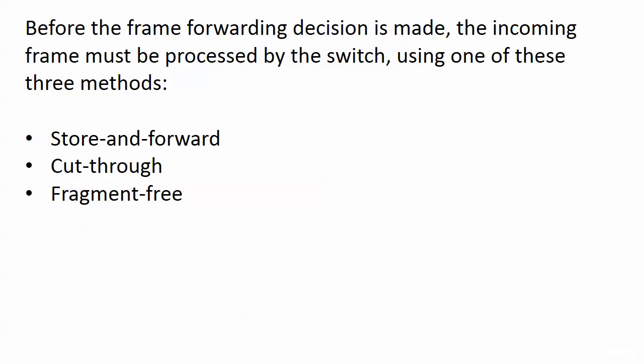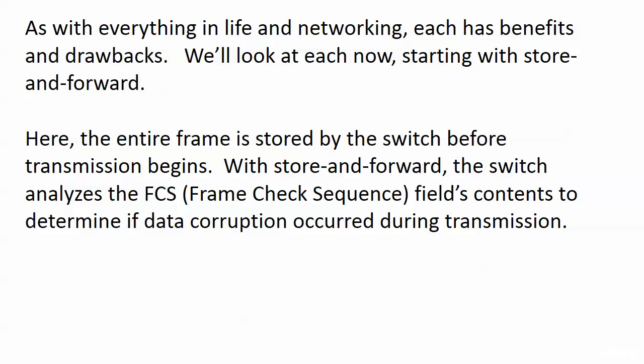There really isn't a whole lot to know, but we do have some important clarifications and lines to draw between them. Because as with everything in life and networking, each of them has a particular benefit and each one has a particular drawback. And with store and forward, this is, I think, the most common processing method out there today.